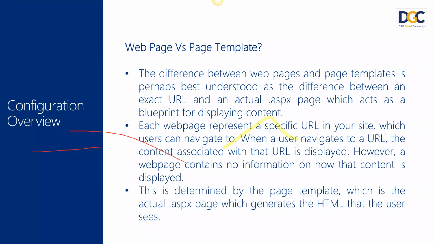Each web page represents a specific URL in your website, which users can navigate to, and when a user navigates to a URL, the content associated with that URL is displayed. However, a web page contains no information. The page template is a placeholder where all the content is kept, and it is called and displayed by the web pages. So let's look into the next slide.